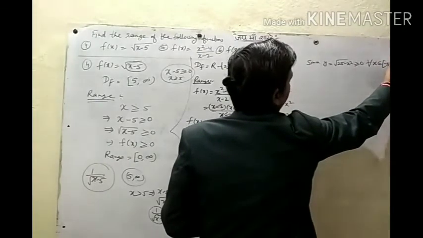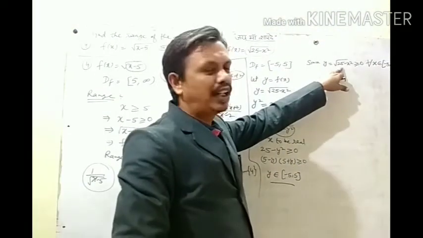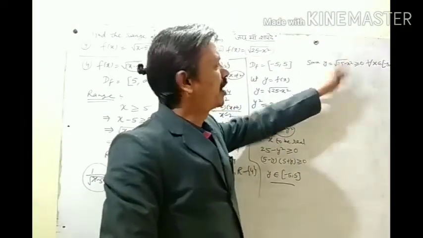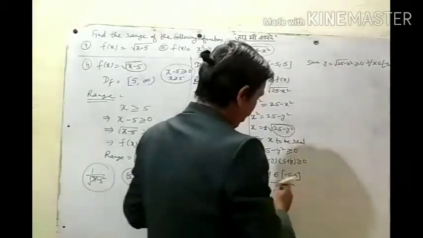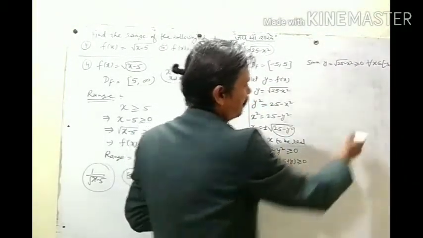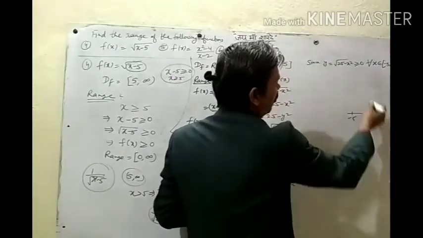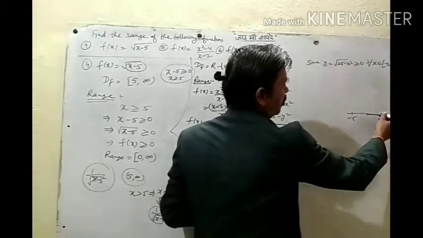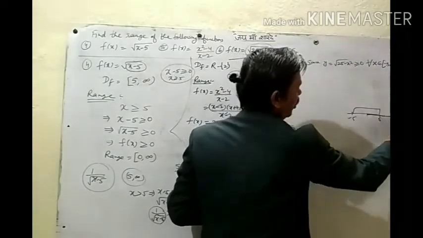For these values, its value can be either 0 or more than 0. It cannot be negative. So y is more than or equal to 0 and y is from minus 5 to 5. One option is minus 5 to 5 and one is more than 0.